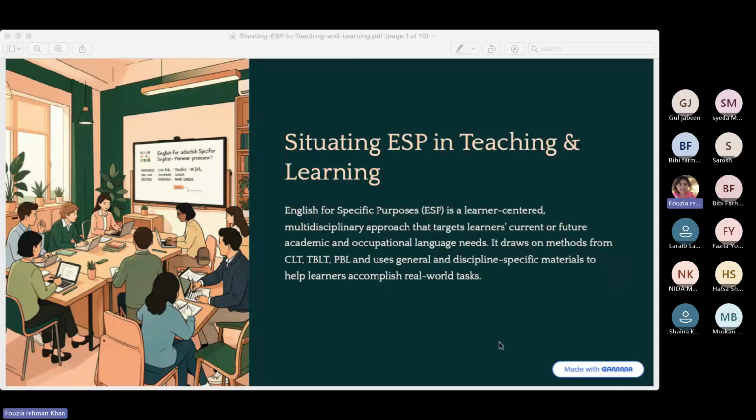So this is how it takes things from all around it. These are some of the methods. As I was telling you the history of the methods, this CLT is one of the modern methods. TBLT, task-based language teaching, and problem-solving learning, all of these are the modern methods. And it takes things from all these methods.